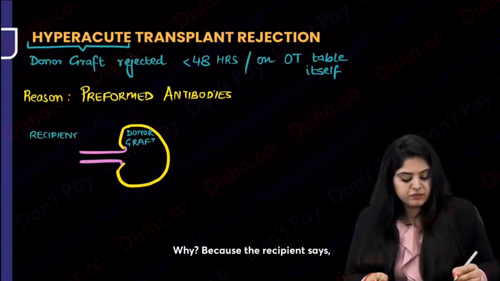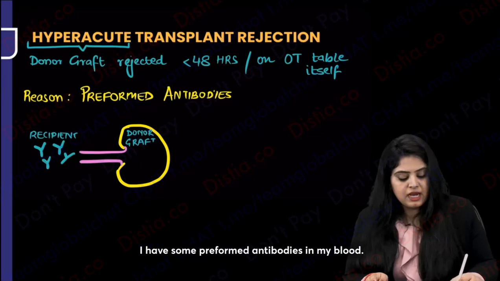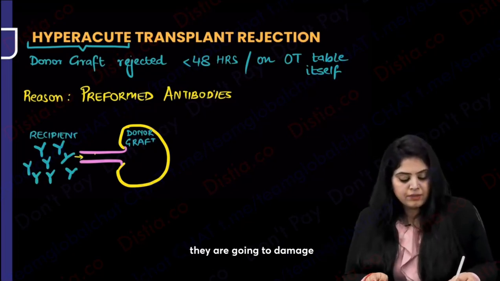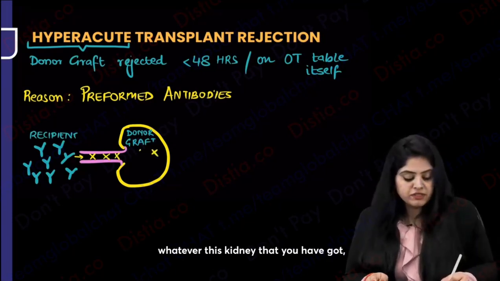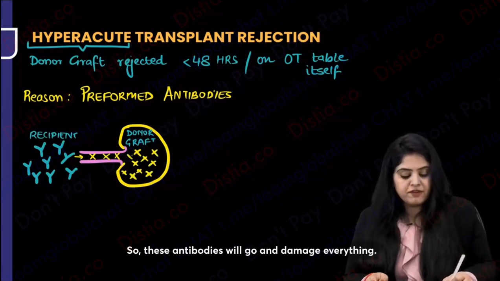Why? Because the recipient says that I have some preformed antibodies in my blood. These preformed antibodies are going to damage whatever blood supply you have tried to create. Whatever kidney you have placed, that also they will damage. So these antibodies will go and damage everything.